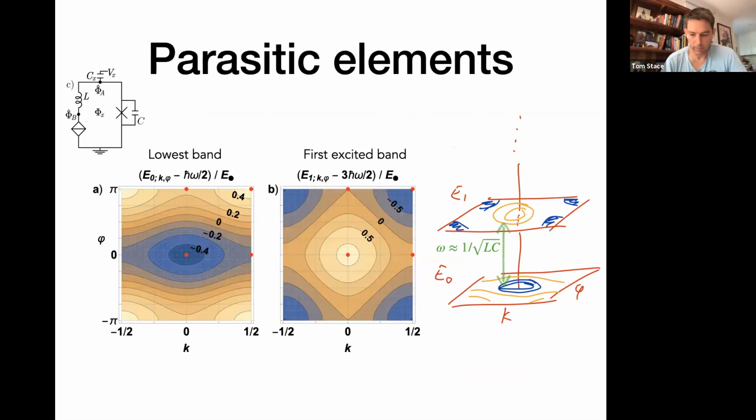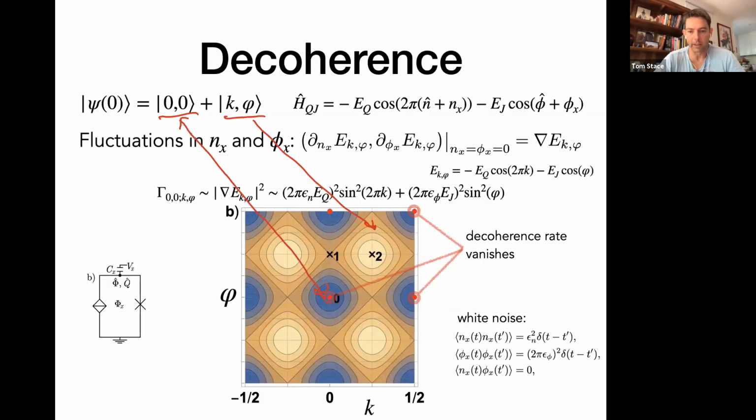So that's one extremely nice consequence of this device having 4 critical points: one can encode information in principle in superpositions of pairs of those critical points, where small fluctuations in the charge or voltage or the flux are rejected at linear order.